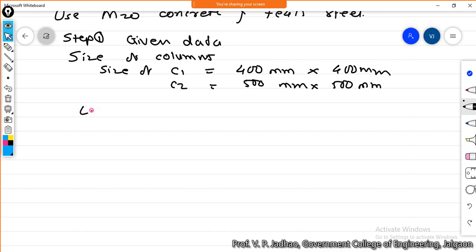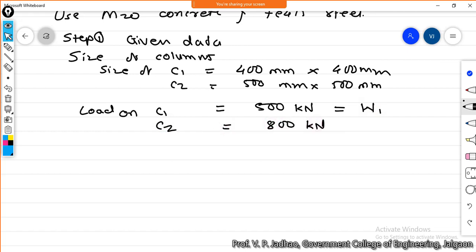Load on C1 is given as 500 kilonewton. Let us consider this as W1. And load on C2 is equal to 800 kilonewton. Let us consider this as W2.